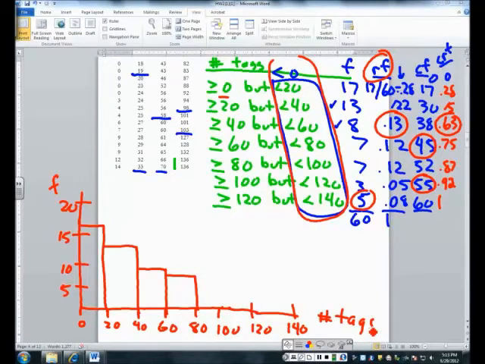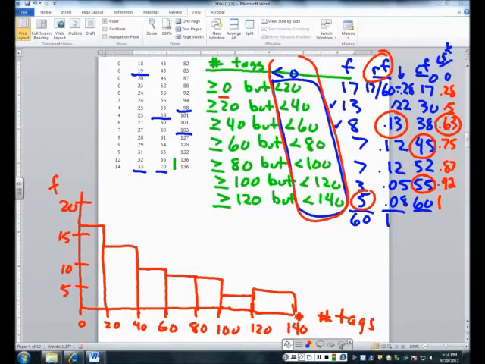And so in 80 to 100 we had 7 again, then 3, then 5. And so that is just a frequency histogram.